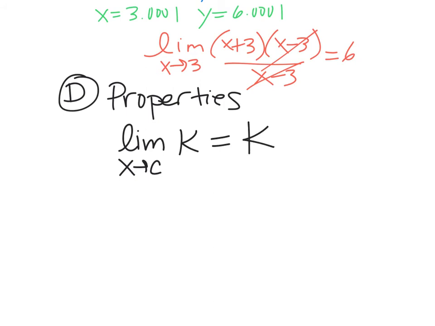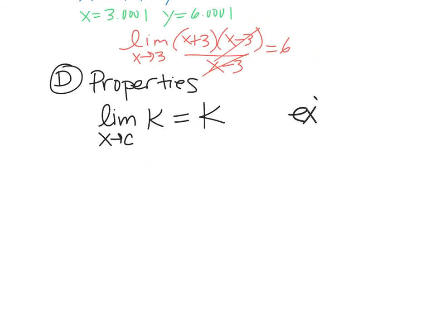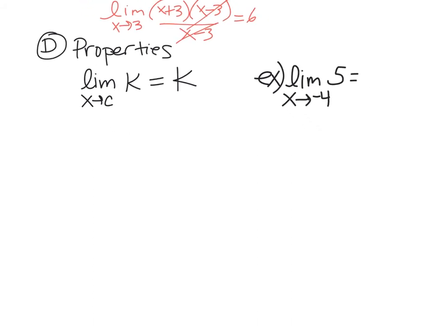Like, for example, let's find the limit as x approaches -4 of 5. Think about this one graphically. You can't plug -4 in, I mean, you kind of can, in a way. When x is -4, what does y equal? 5.